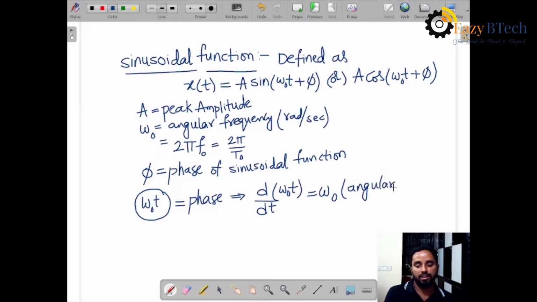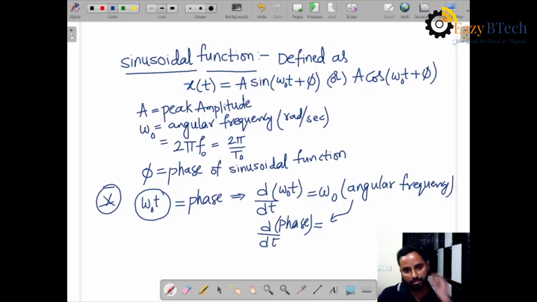So the relation is: d by dt of phase, the answer is angular frequency. Very important point. Differentiation of phase is equal to angular frequency.